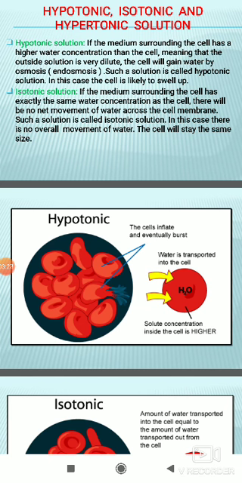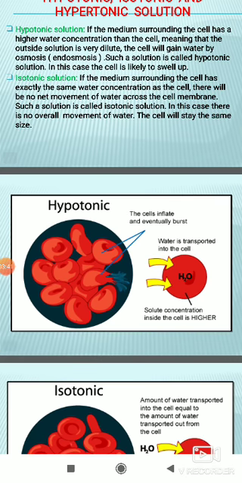As a result, the RBC swells up, and eventually, when the osmotic pressure increases inside the cell, the cell bursts. The cell eventually bursts because the osmotic pressure inside the cell increases, so it cannot bear it and it bursts.